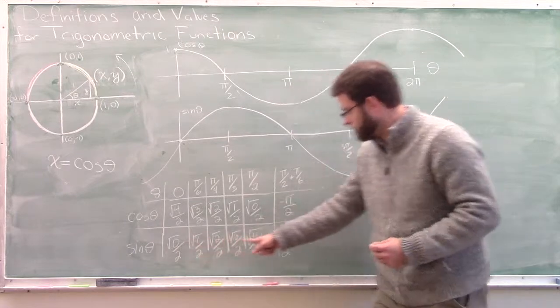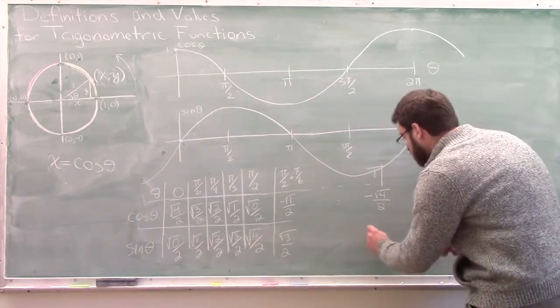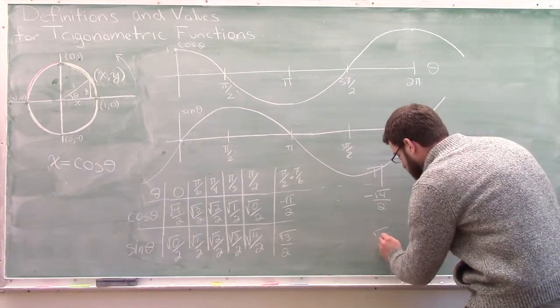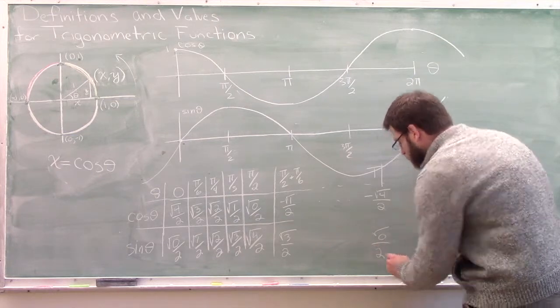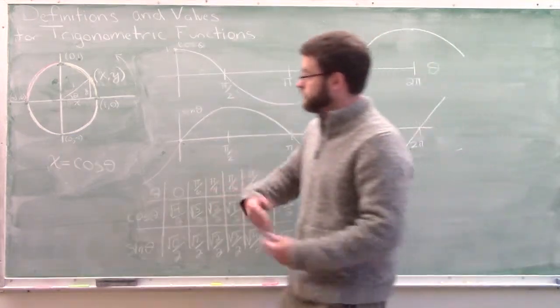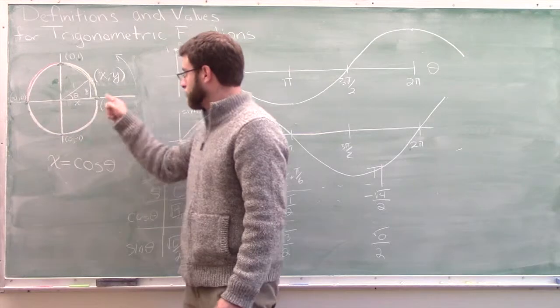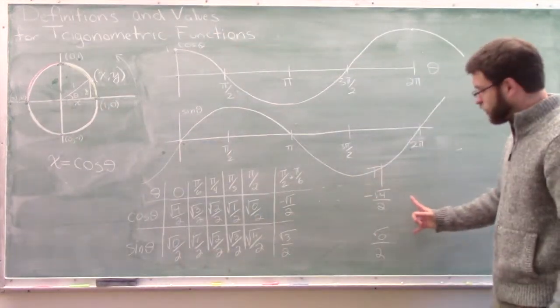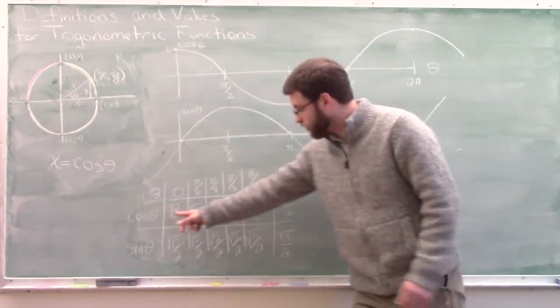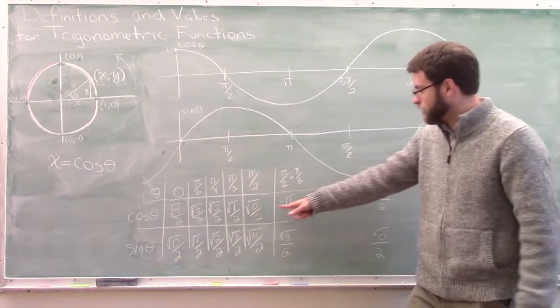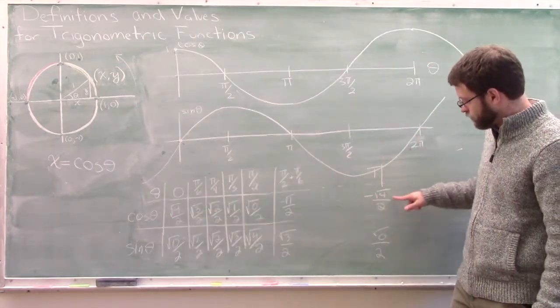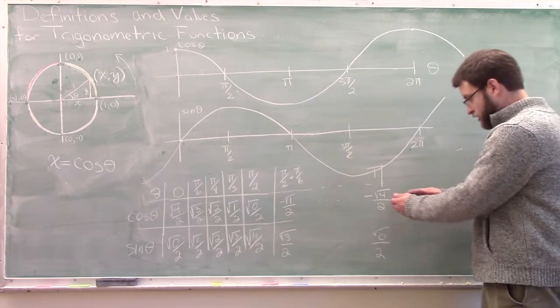We count up to 4, then back down from 4, and then at pi, we'd be down to square root 0 over 2. If you wanted to figure out the special values in the third and fourth quadrants, you'd keep going with these patterns. You go all the way up to square root 4, all the way back down to negative square root of 4, and then you would continue back up.